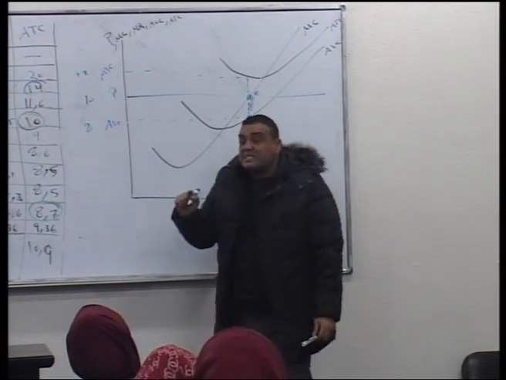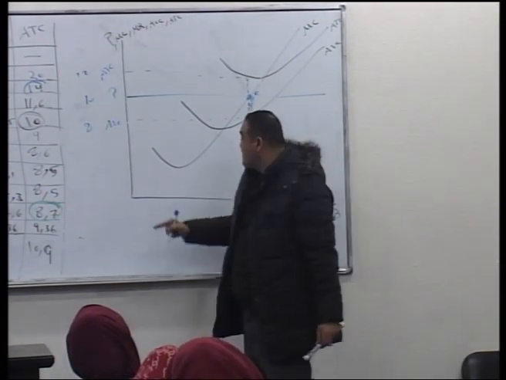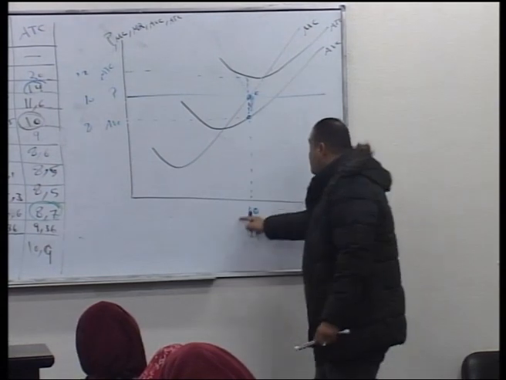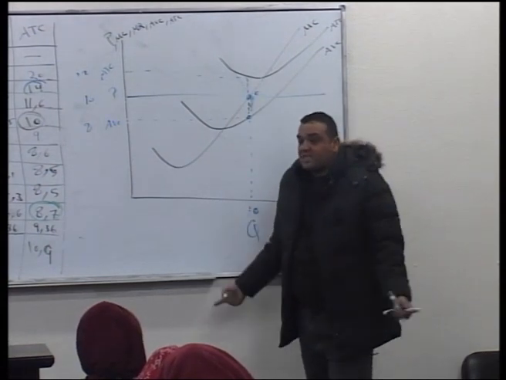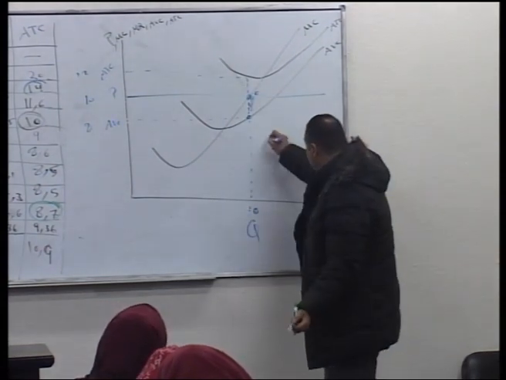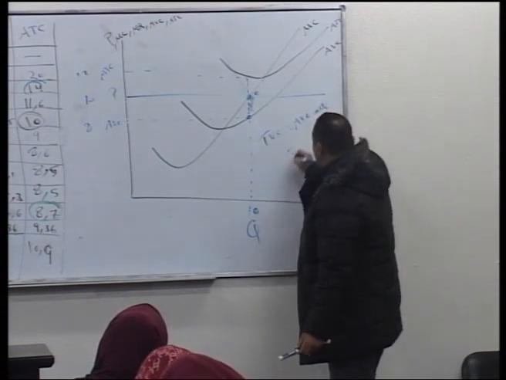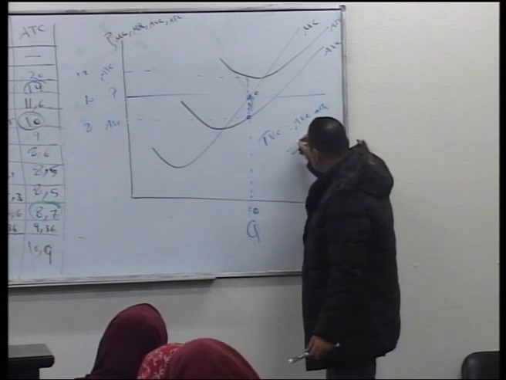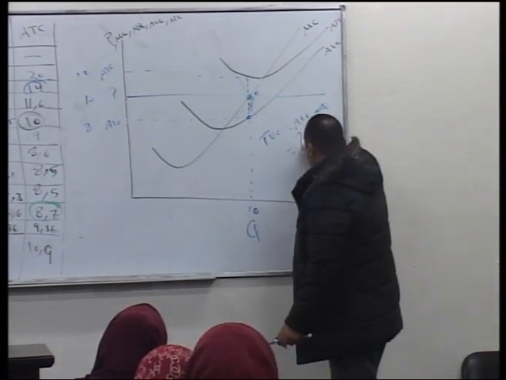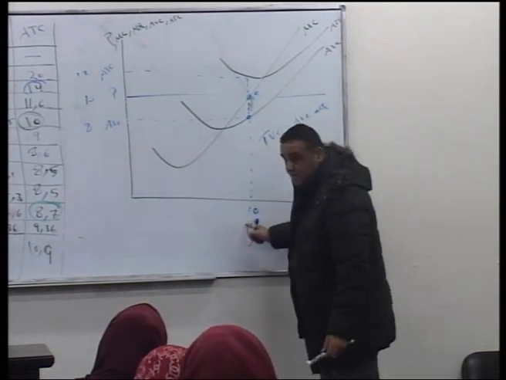How much is TVC? 8 times Q, AVC times Q, since TVC equals AVC times Q. So TVC, how much is it? 80. 8 times 10, 80.